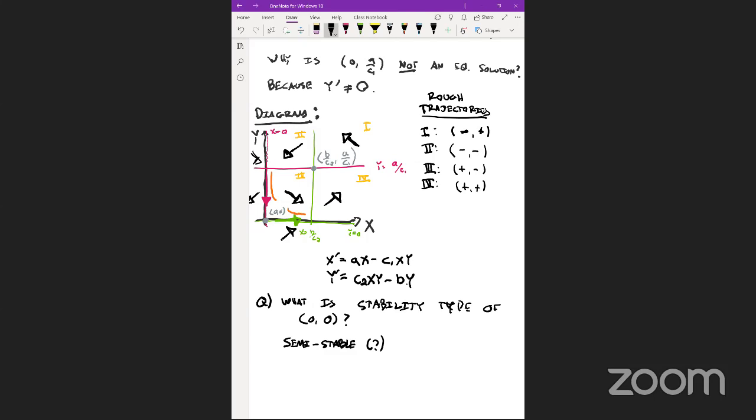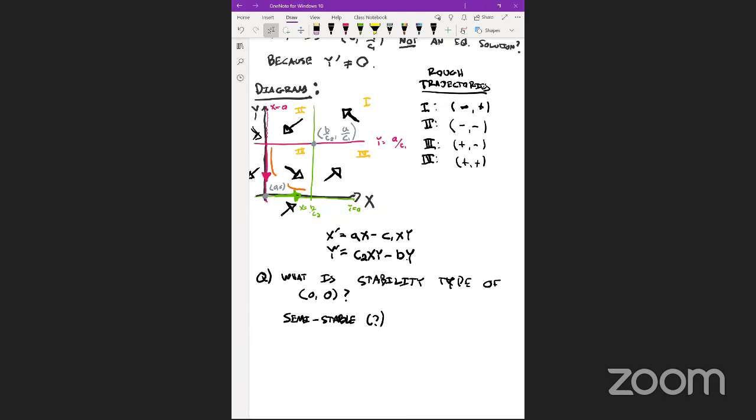So I'll say semi-stable, and I'll put a question mark in there, because we do want to be a little bit careful. I've certainly given a pretty convincing argument, but it is far from a mathematical proof. But this diagram gives us a pretty good idea what's going on.